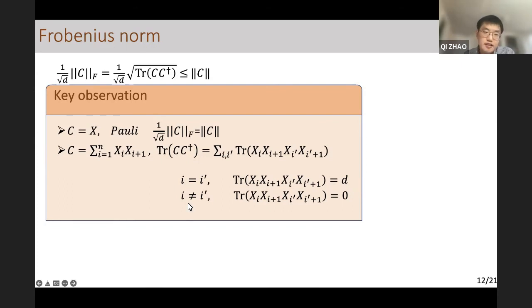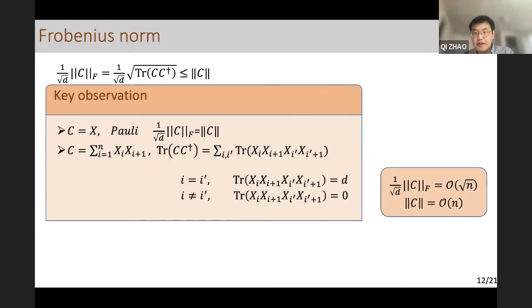But if i doesn't agree with i prime, then this is a new Pauli string, and its trace is 0. So only the first part, the i equals i prime case, makes a contribution to the total trace. As a consequence, in the spectral norm this is O(n), but in the Frobenius norm it is just the square root of n.